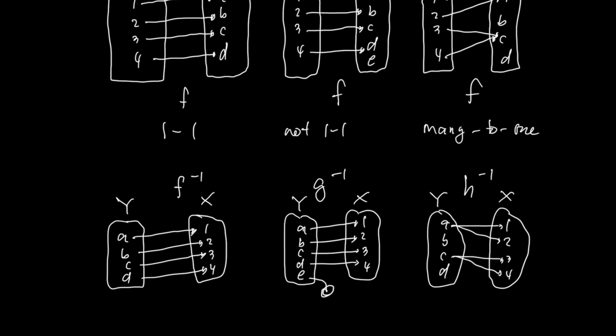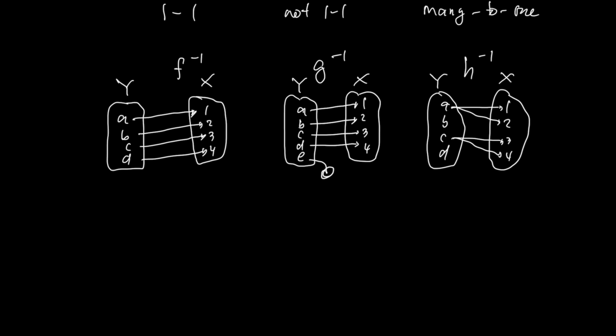That's the mapping. For the first reverse mapping, this is also a function, because all elements in the first set are mapped to elements in the second set, and the mapping is unique. Now for the second reverse mapping, not all elements in the first set, the y set, are mapped to elements in the second set, which is the x set.